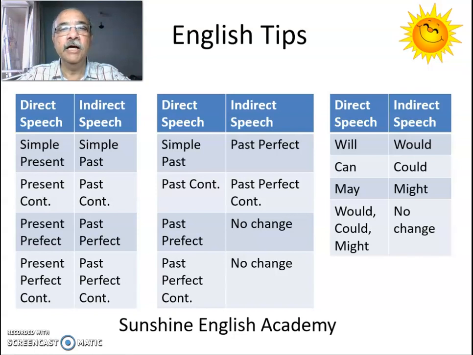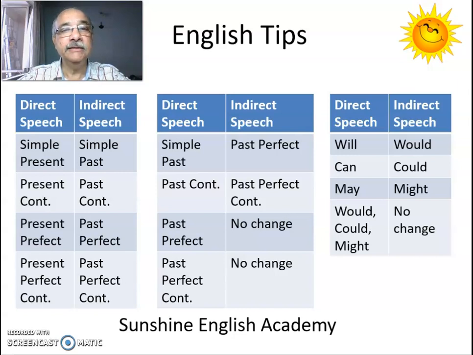Now, let us see how the tenses change while converting direct speech to indirect speech. So, in the first table here, we can see that all present tenses change to past tenses.